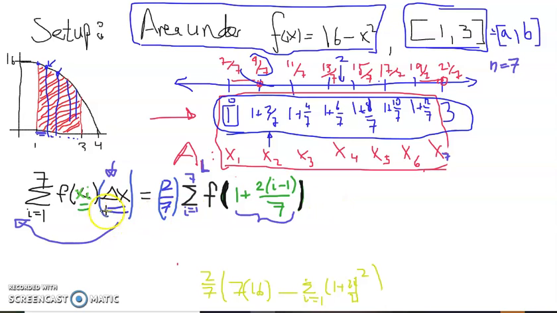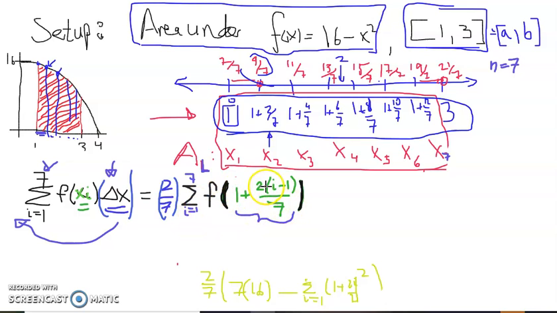All right, so just to recap, 2/7 is the delta x. It's a constant. We know what it is. Even if it's n, 2 over n is going to be constant because this value right here is going to remain constant. And so we bring it out front. So what we have currently is 2/7 times the sum from 1 to 7 of the function value at each of these points.